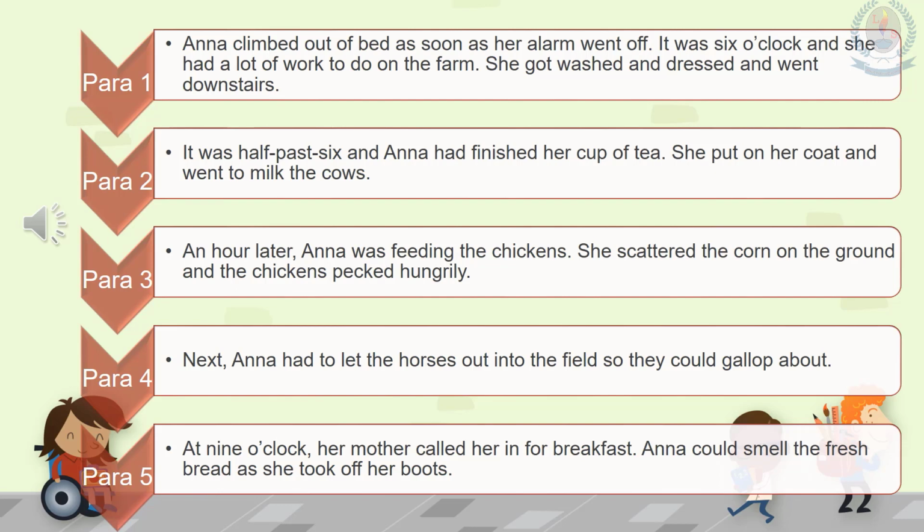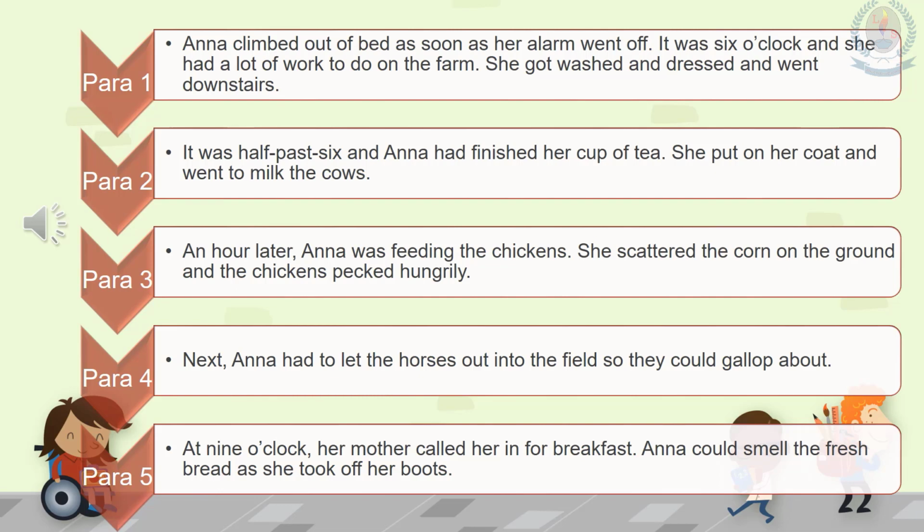We often start a new paragraph in a story when the time changes. So as I said, paragraphs give you different ideas of the same content. Let us see the paragraph which is in the book.